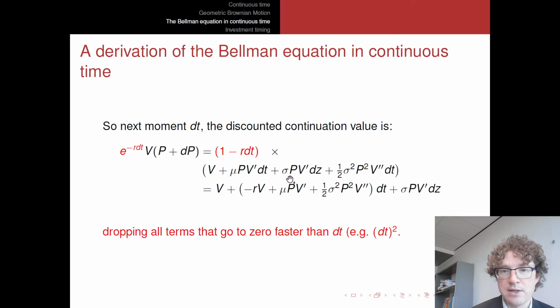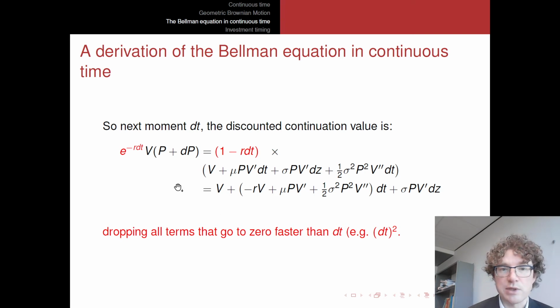The sigma p v prime dz times 1 you find over here, and the 1 times half sigma squared p squared v double prime you'll find over here. All the other terms, which involve multiplying dt by dt, will be higher order than dt, so they will be of order dt squared, and we can rest assured those go to 0 sufficiently fast.